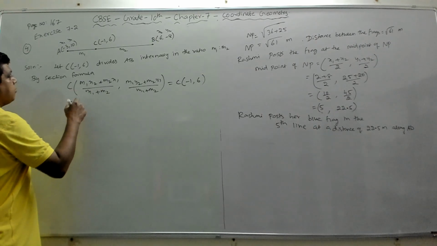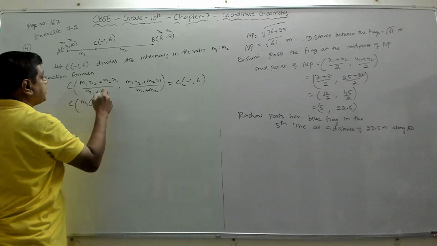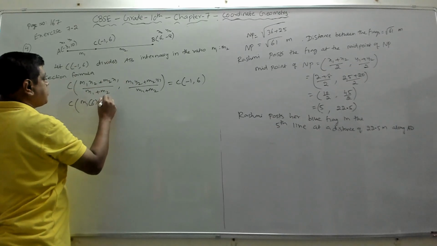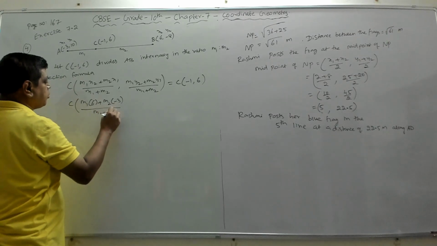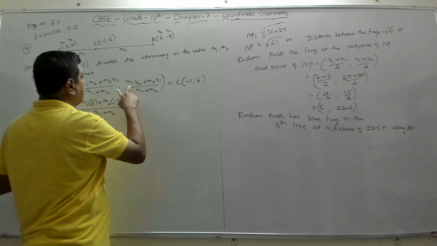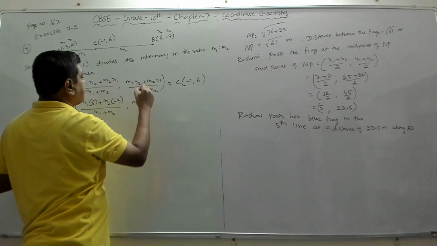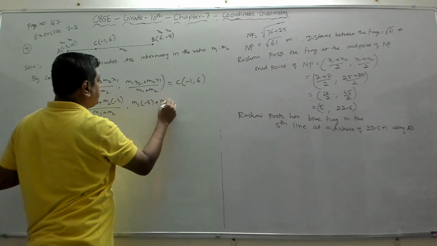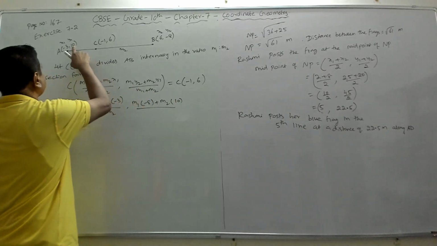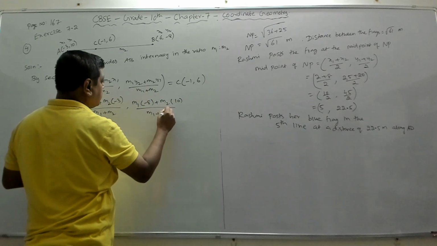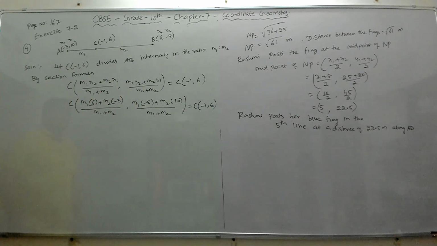Now let's substitute. C of m1 we don't know, m1 into x2 is 6 plus m2, x1 is -3, by m1 plus m2, comma, m1 into y2 is -8 plus m2, y1 is 10, by m1 plus m2, that is equal to C of -1 comma 6.